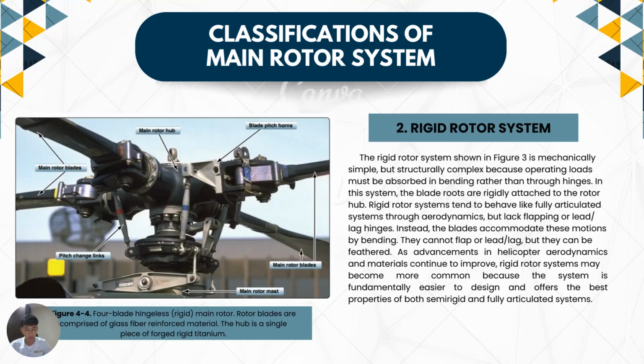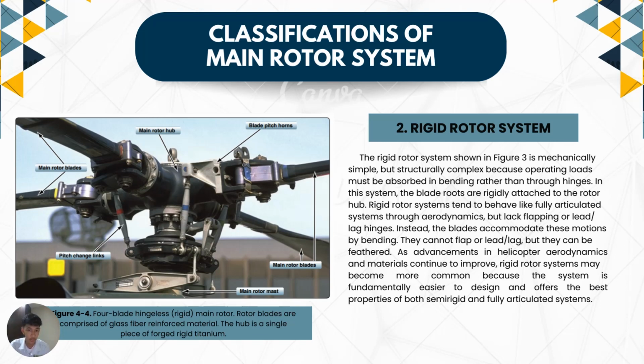So the next classification is the rigid rotor system. The rigid rotor system is mechanically simple but structurally complex. This is due to the operating loads that must be absorbed in bending rather than through hinges.